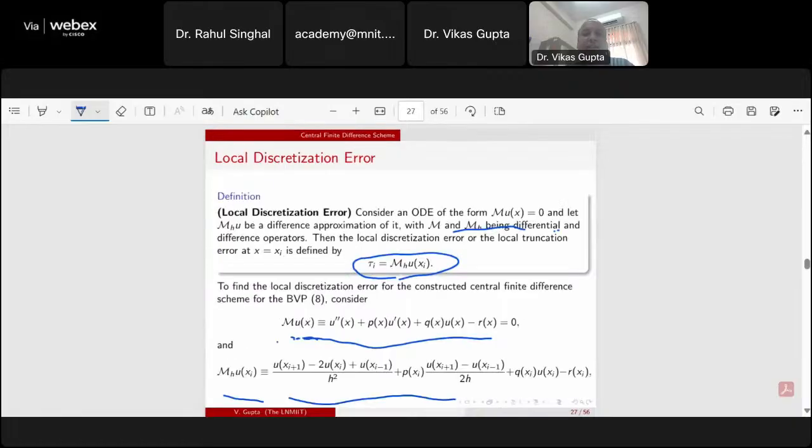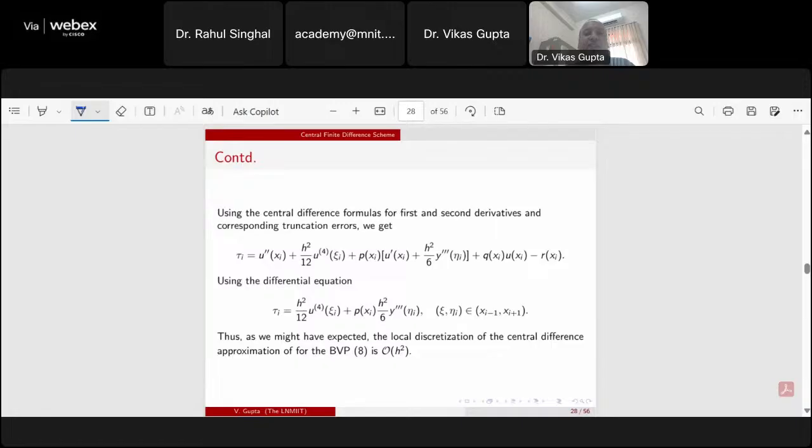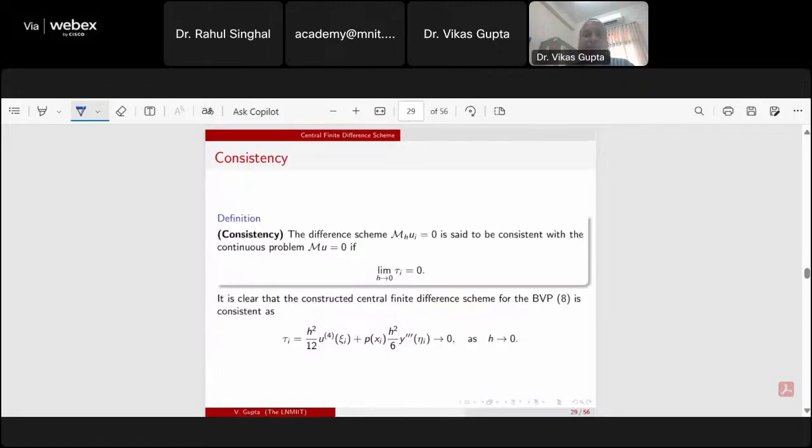In the same manner, [u(x_{i+1}) - u(x_{i-1})]/(2h) = u'(x_i) + (h²/6) u'''(η_i), where ξ_i and η_i lie in between x_{i-1} and x_{i+1}.